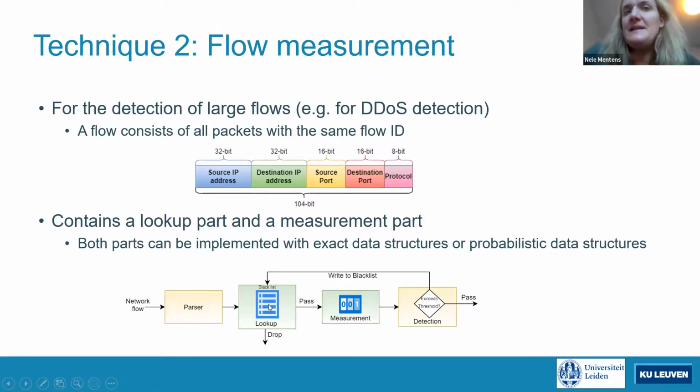If the flow ID is not, or not yet, in the blacklist, then the flow passes on to the measurement unit, where we keep track of how many packets this flow has been sending, for example, in the past so many milliseconds. So we have a measurement unit that checks whether this flow is sending above the allowed threshold in terms of number of bytes, number of packets, etc. If this flow exceeds the threshold, then we write this flow ID to the blacklist.